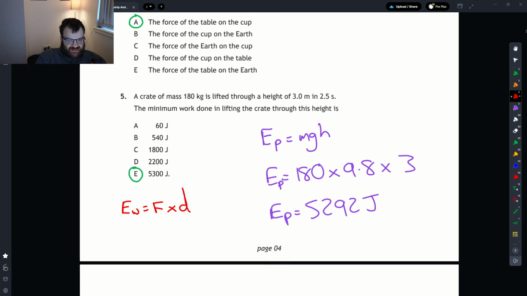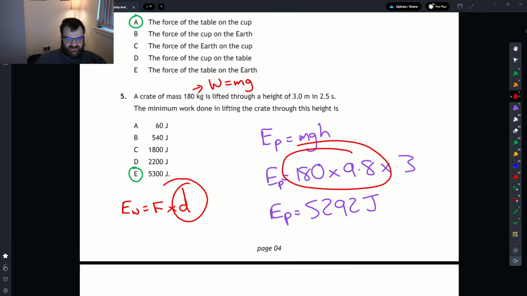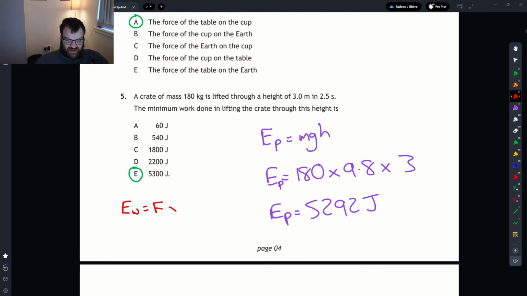Well, the force acting upon this mass would be its weight, and weight equals mg, so you'd be multiplying the 180 by 9.8 as well, and then times 3 because the distance moving is 3 meters. So you get the same answer that way. Not sure which one's preferred, but that's the way I would do it here.